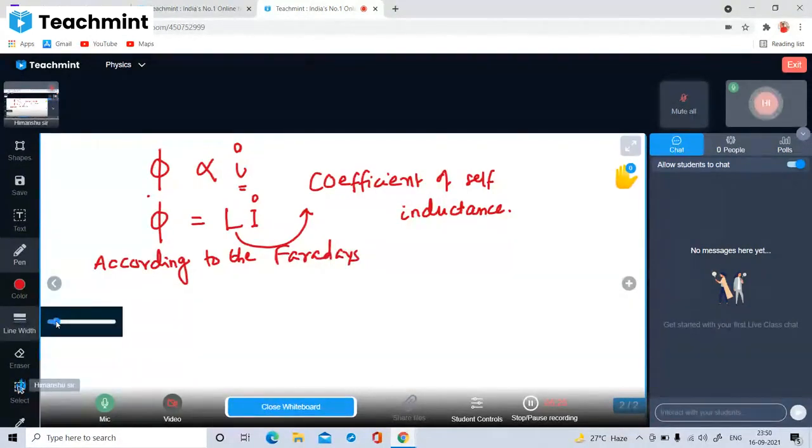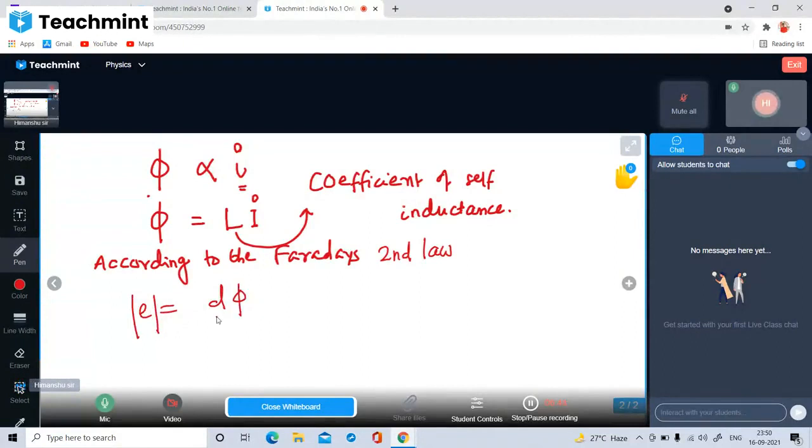Faraday's second law. What does it say? It says that the magnitude of induced EMF is nothing but d phi by dt, or in the other way, E is equal to minus d phi by dt, and this negative sign signifies the direction which is given by Lenz's law, right?